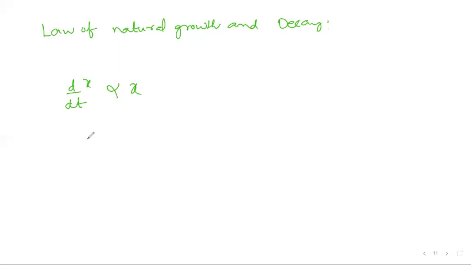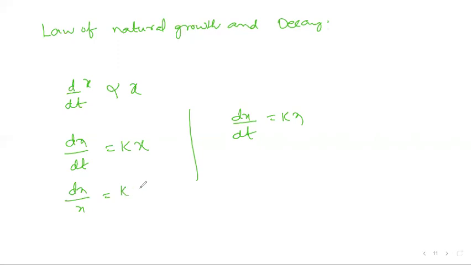So the differential equation of growth is dx by dt is equal to k into x, and the differential equation of decay is dx by dt is equal to minus k into x. Now solve this equation using the variable separable form. Now dx by x is equal to k into dt.